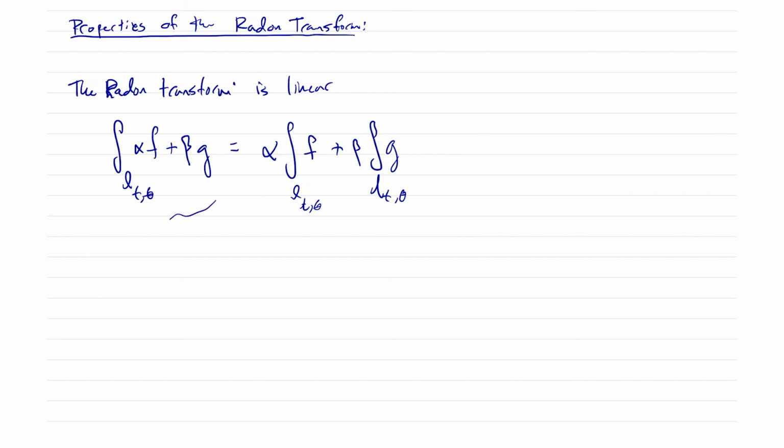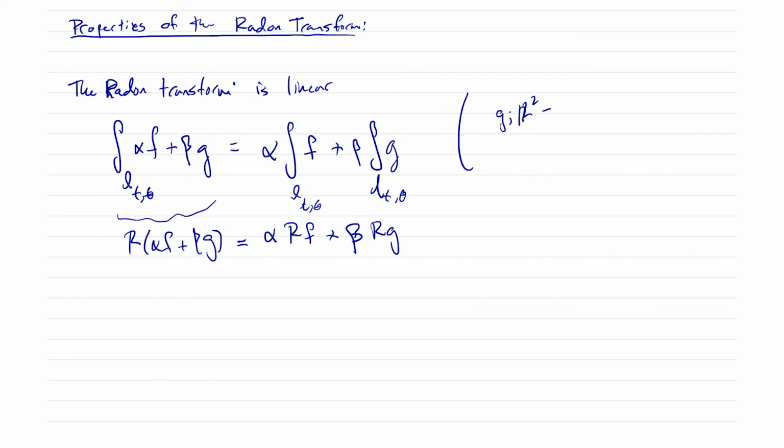And so this would be the Radon transform of alpha f plus beta g. And this is equal to alpha times the Radon transform of f plus beta times the Radon transform of g. And of course, g here is going to go from R squared to R. And alpha and beta are in R, or you can even put them in C if you care.